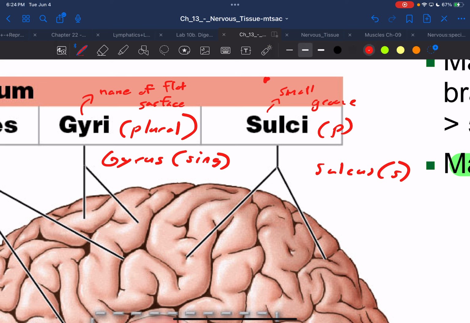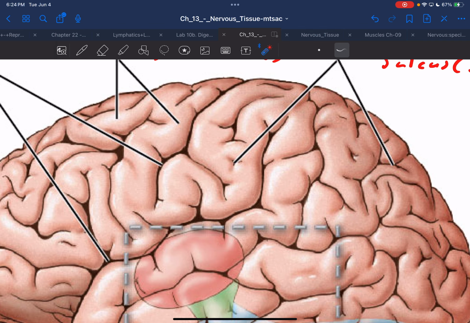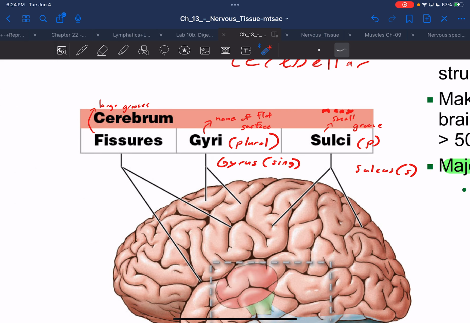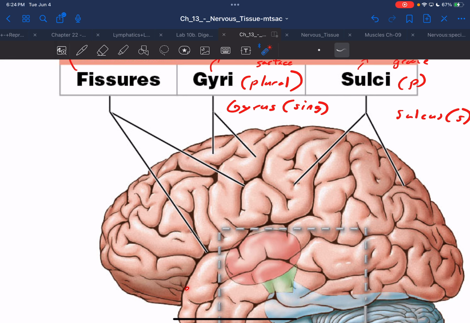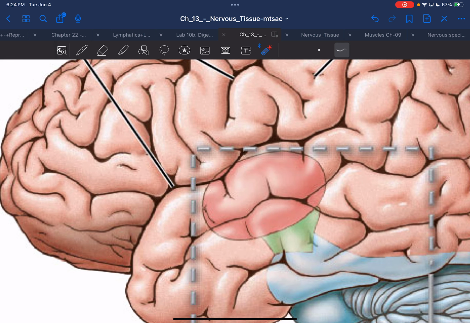I guess we can add that. And so the brain has a bunch of small little grooves inside of it. And then you have larger grooves we call fissures. The example of this is this fissure that runs right across here that separates this lobe down here from the one up here.